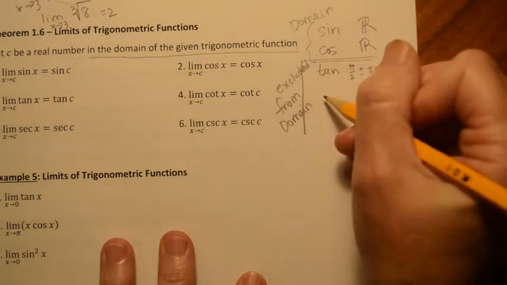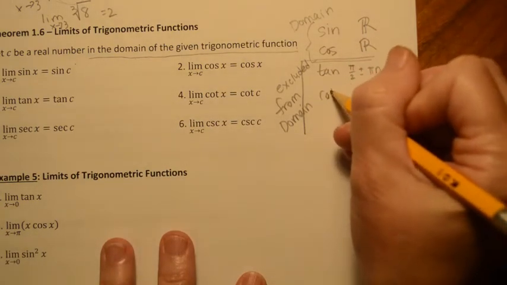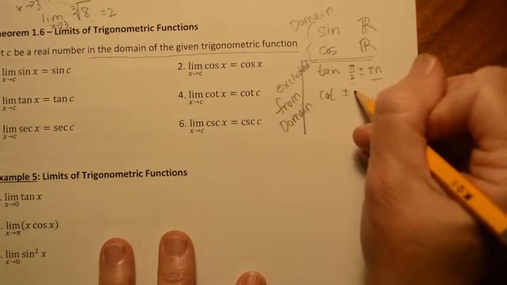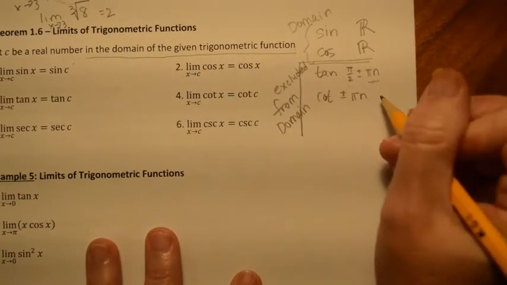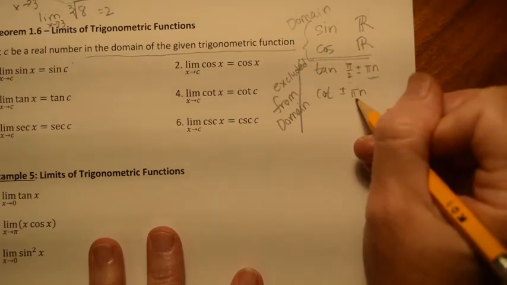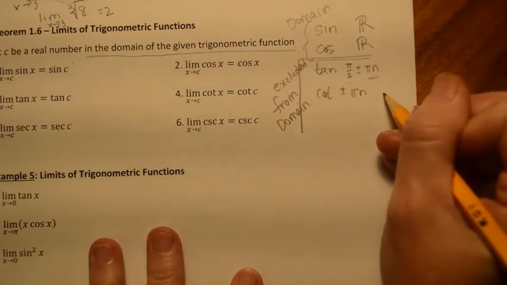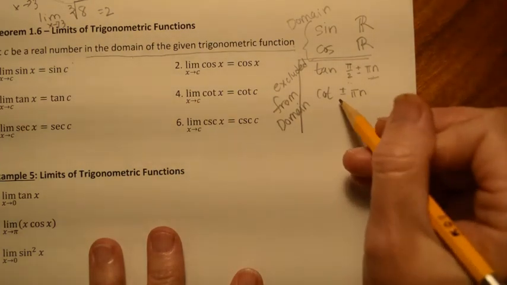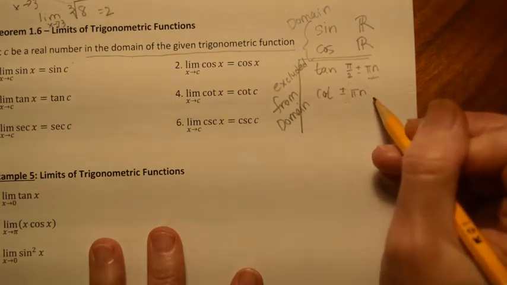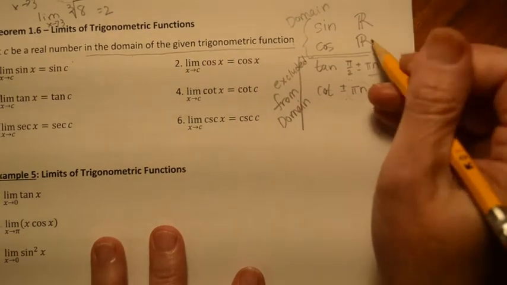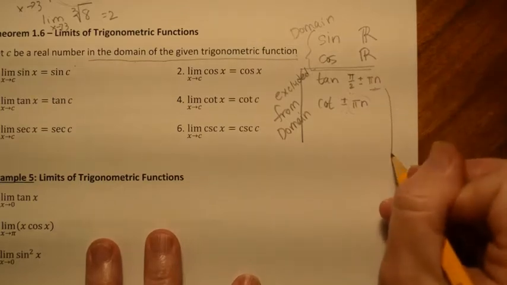All right, cotangent is just going to be plus or minus pi n. So again, this would be pi, 2 pi, 3 pi, 4 pi, negative 10 pi, negative 12 pi. So integer multiples of pi. If we write the tangent exclusions out, let me do that down here.